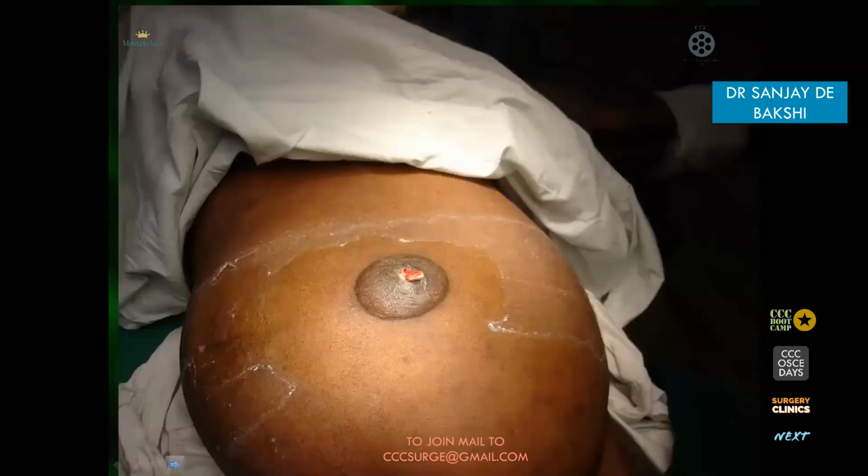Like this chap came up with a massive ascites, and you can see that that is the omentum sticking through. So the problem here is to evolve a technique whereby the ascitic fluid doesn't form, or at least is kept under control.